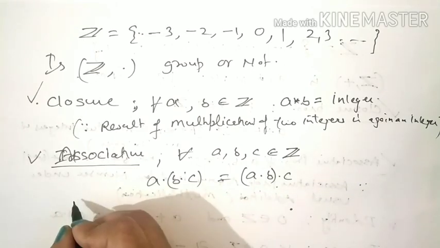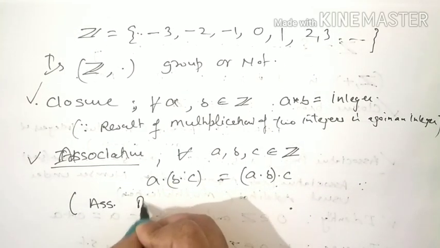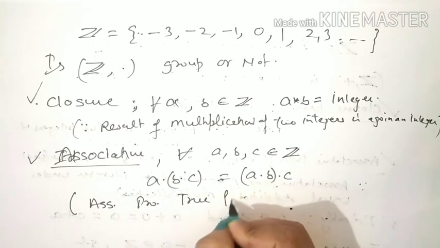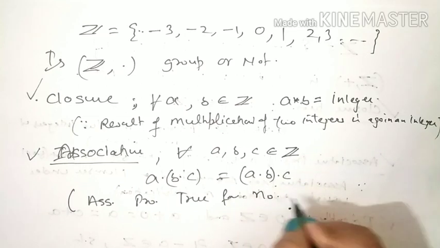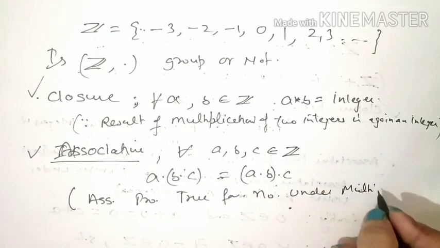So here also you write the same reason, that the associative property holds or is true for numbers under multiplication.